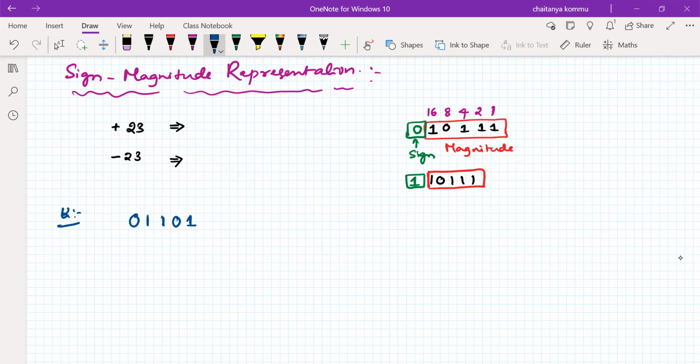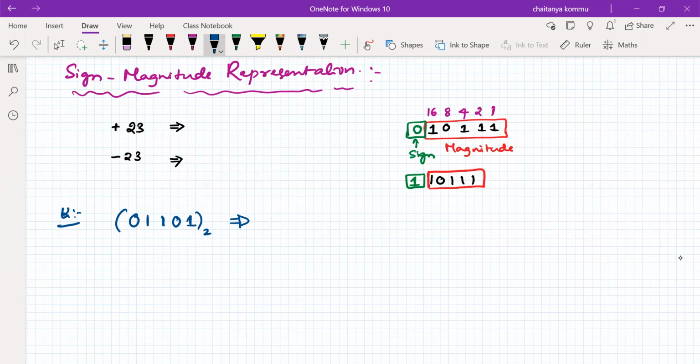I have given a binary number, as you know. I want to represent it in sign magnitude representation. What is the equivalent sign magnitude representation of this number? Is it a positive number or a negative number?